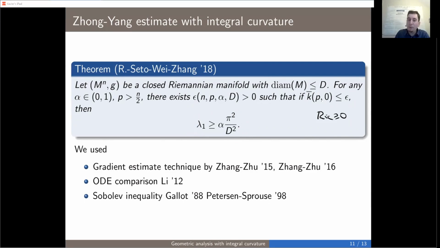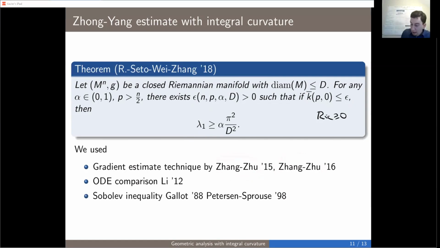You have to prove an estimate on the gradient of the eigenfunctions, and it took some time to figure out exactly how to handle these kind of integral curvature conditions and mix them with the gradient estimate technique. It wasn't until the work of Zhang and Zhu in 2015 and 16 that people figured out a way of proving these gradient estimates for integral curvature.